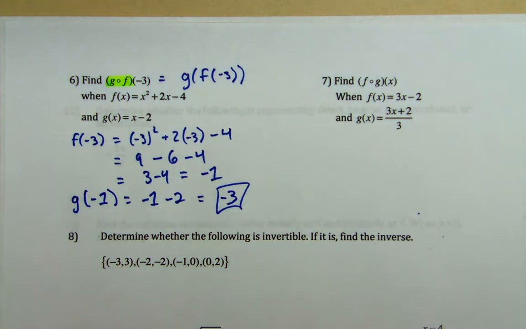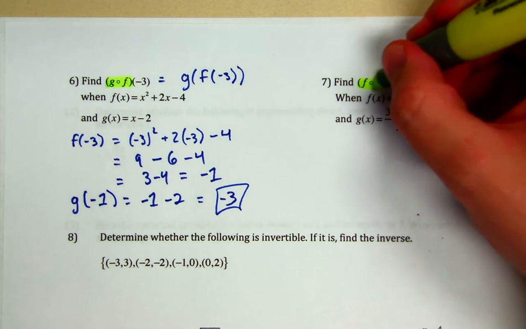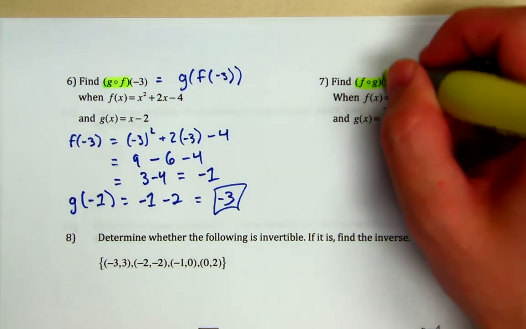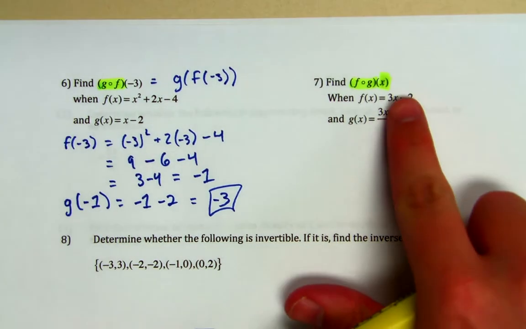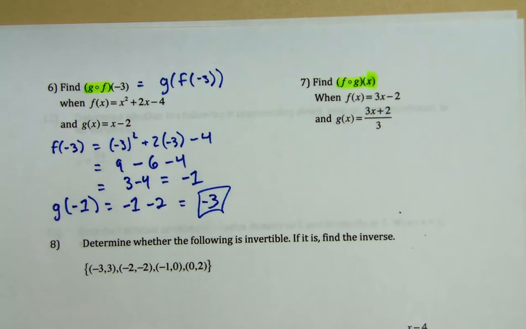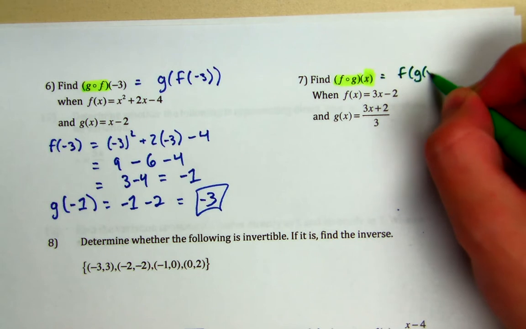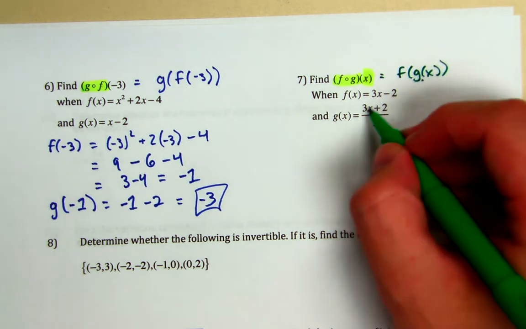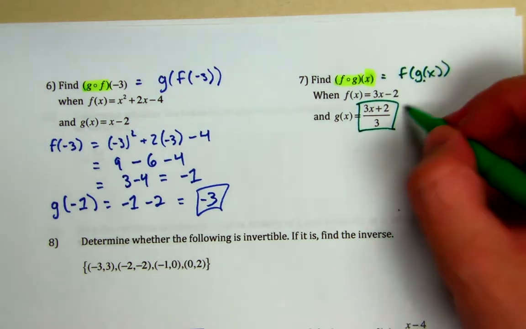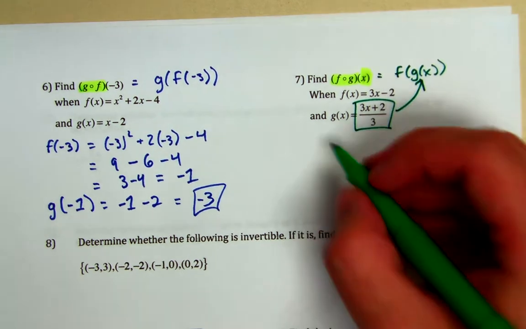Now here's where you've got to be careful. This says, hey, f composed of g of x. All that means is take g and put it into x. So again, this is going to be f of g of x. Well, what is g of x? This is g of x. So I'm taking that, I'm putting it into f.